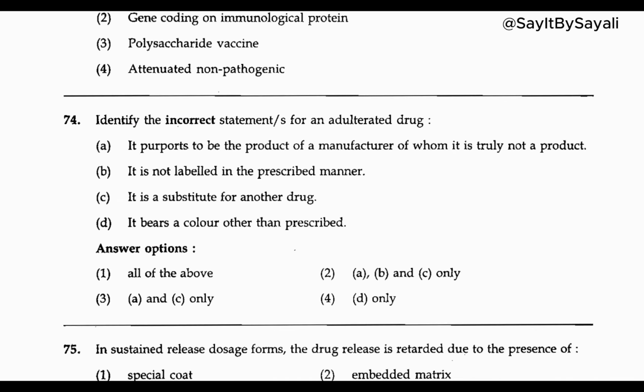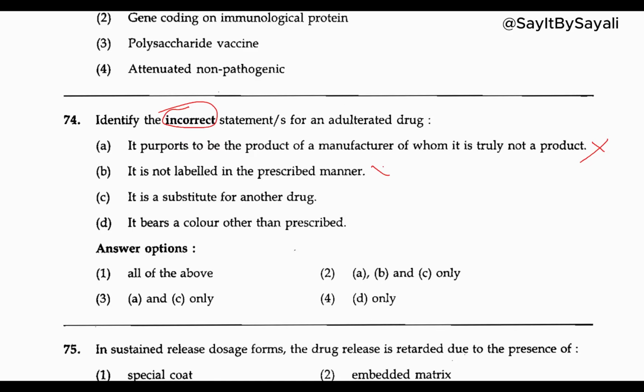Now, question number 74. Identify the incorrect statement for adulterated drugs. A. It purports to be a product of a manufacturer of whom it is truly not a product. It is incorrect. It is not labeled in the prescribed manner.